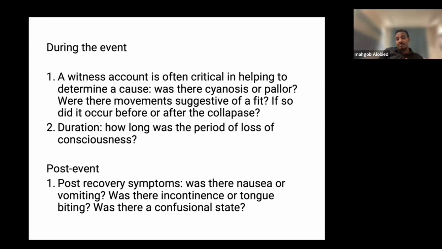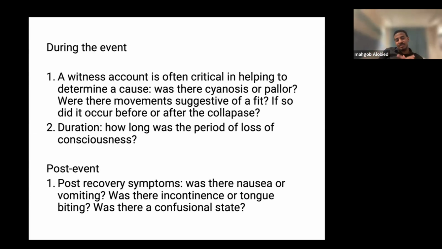any abnormal movement, for example, any cyanosis or pallor, whether he became pale or not. And also you will ask about the duration, for how long. That's very important, because this part will help differentiate between neurological syncope and the other causes.